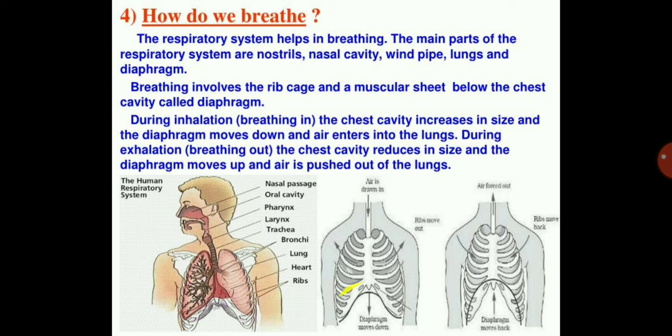Here the diaphragm is at rest, it doesn't move. When air comes in, the diaphragm moves down, and when the air is forced out, the diaphragm moves inside.